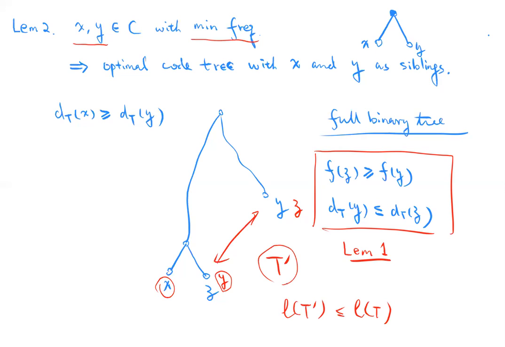Now with this property, we can easily use induction to prove that the whole algorithm works. Each time the number of characters is reduced by 1, so it's very natural to use induction on the number of iterations, n-1 iterations. Is that clear? The most important thing is actually lemma 1, the exchange property.